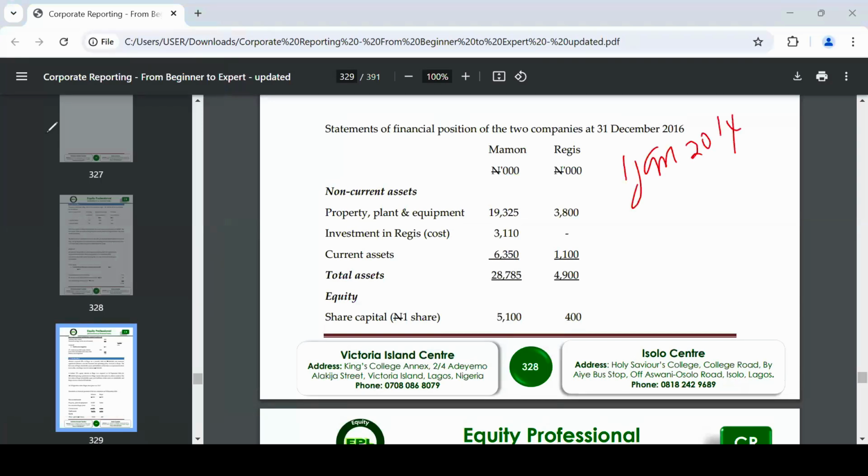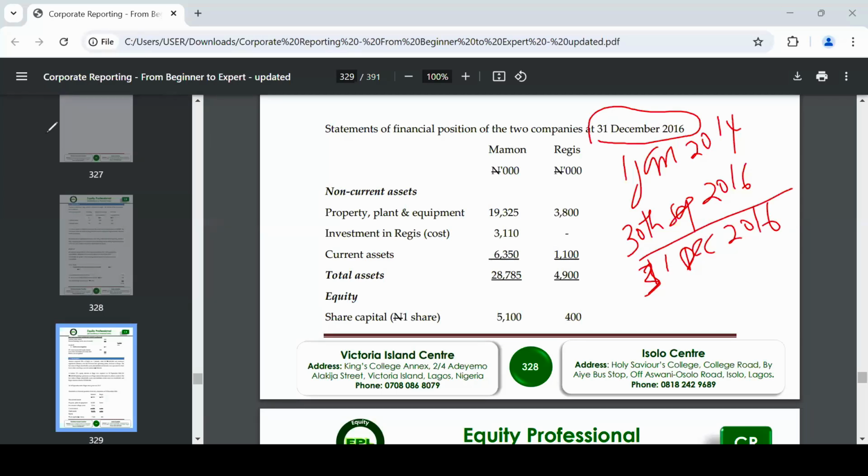Then the day we had control is 30th September 2016. This is the day it became incumbent on Mammon to begin to consolidate. However, the statement of financial position is at 31st December 2016.